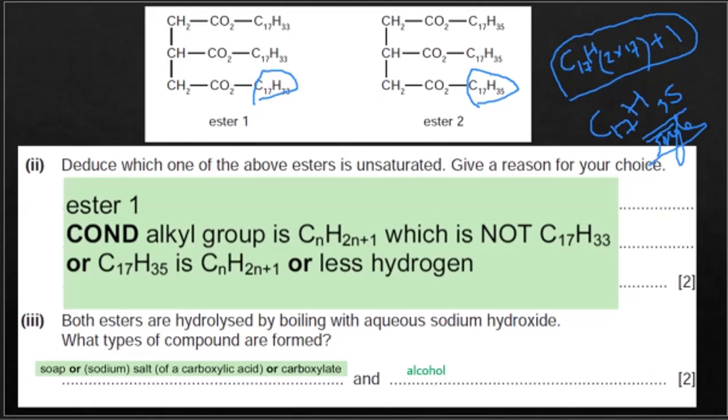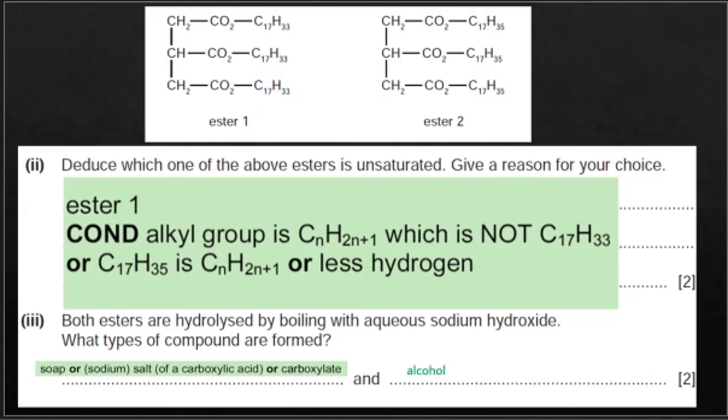That means this ester here is a saturated ester because there are no double bonds present inside of that structure. However, C17H33 means there are some double bonds inside of here, because 2 of the hydrogens are not present. So there's a double bond present because 2 hydrogens have been removed, C17H33.